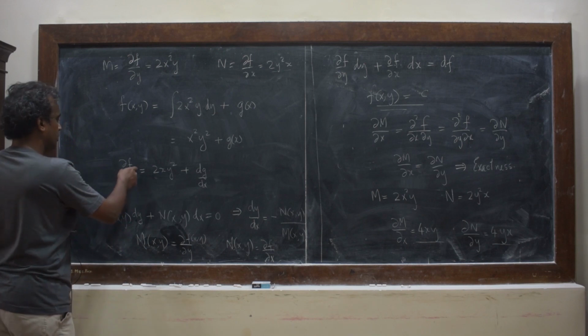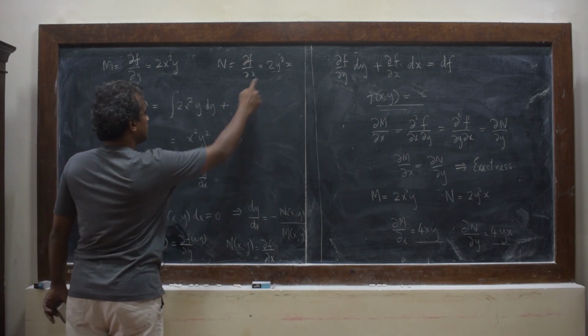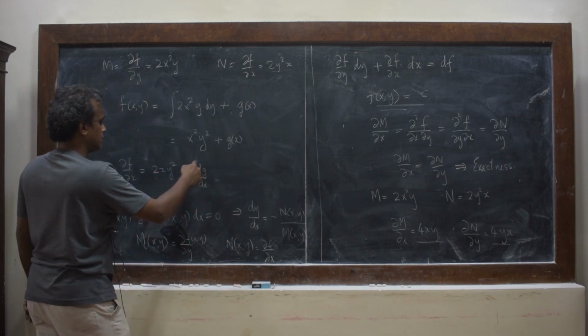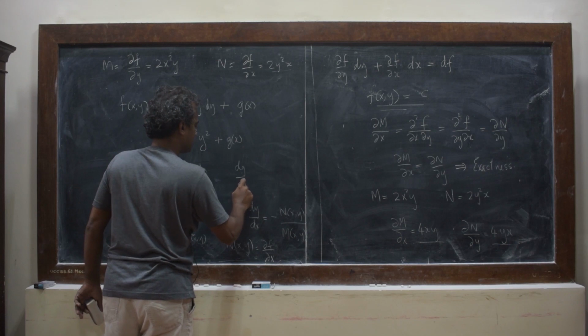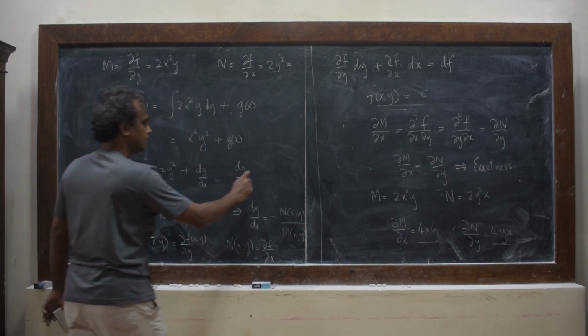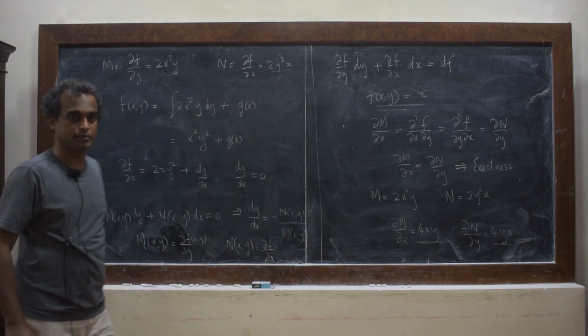Now, we know the form of del f by del x from this equation, and it tells me that dg by dx in our solution must be 0 for us to satisfy the second equation.